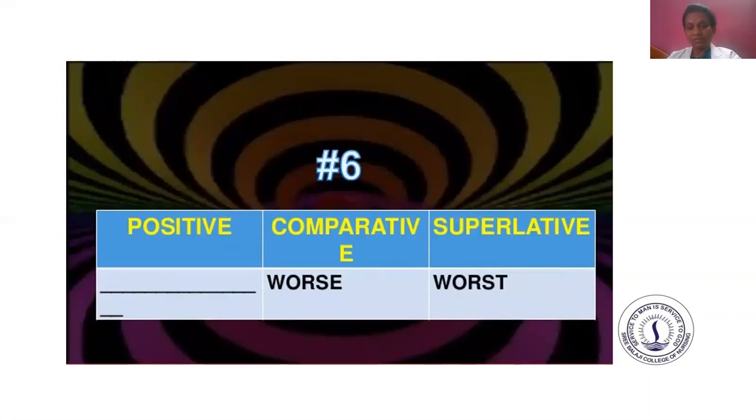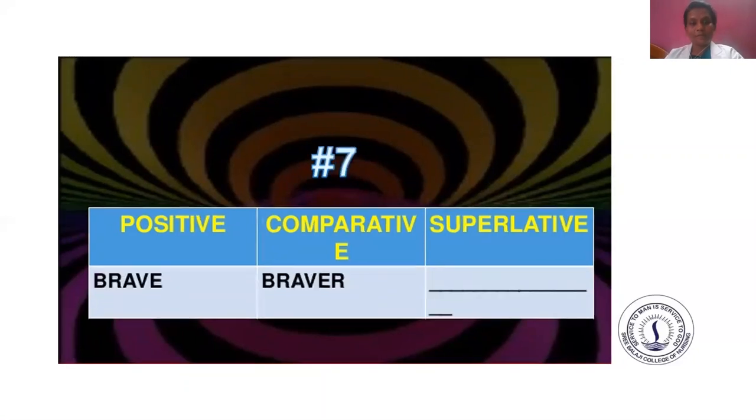Next, comparative form is worse, and the superlative form is worst. So what is the positive form? We have seen some exceptions to the rule, some adjectives which are exceptional. So remember, I hope. Bad is the positive form. So bad, worse, and worst. And brave, braver, and adding -est to the superlative form, so it becomes bravest.